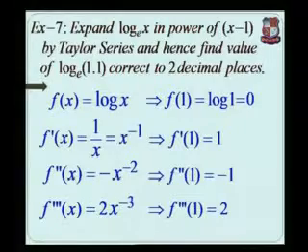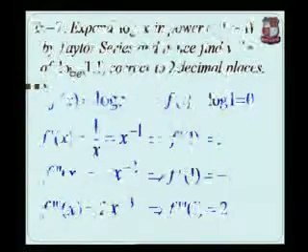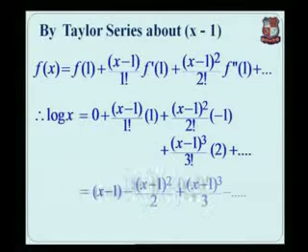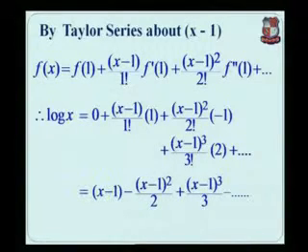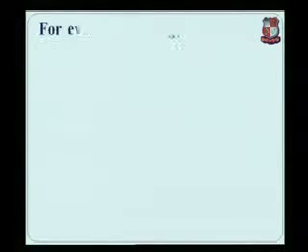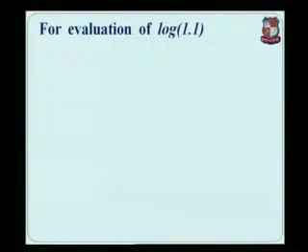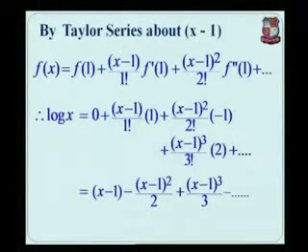So in this type of example, first of all we find out the Taylor series, as we found, the expansion of log x in terms of x minus 1. Now our question is, we have to evaluate the value of log 1.1. As our question is log x, it is base e, log 1.1. Now check the formula. On the left side of the formula there is log x, and if we find the value of log 1.1, simple logic, x is replaced by 1.1.